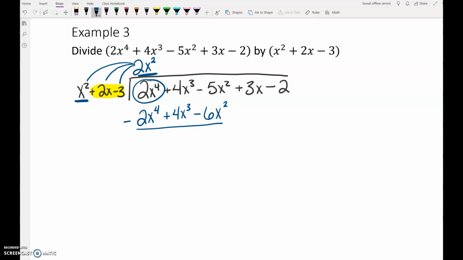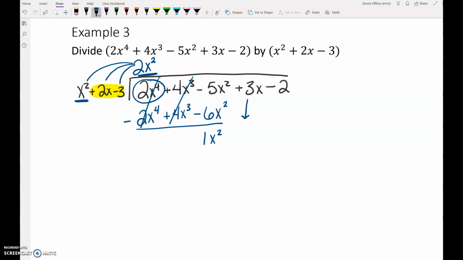Subtract. First one cancels, as it always should. What happens with our second term? It also cancels. It won't always, but it does in this case. Negative 5x squared minus a negative 6x squared would be positive 1x squared.